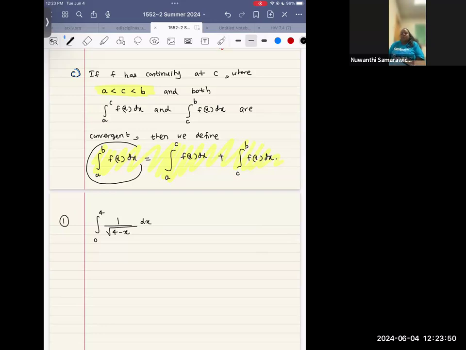You will wonder it is kind of the same thing we did before. But here, can you see in the denominator you have 4 minus x. And the lower and upper limits are 0 and 4. So if x is equal to 4, what happens to this integral?